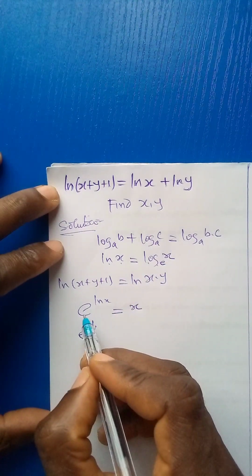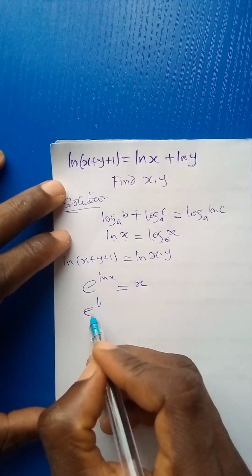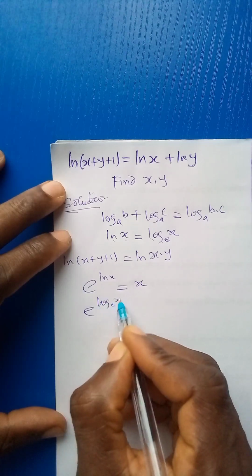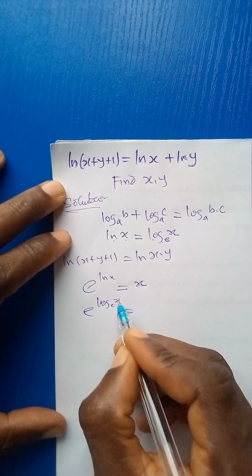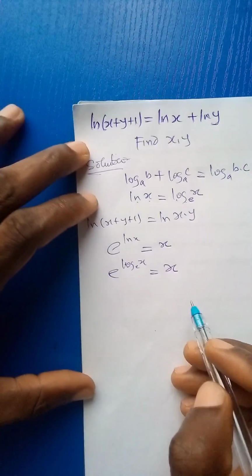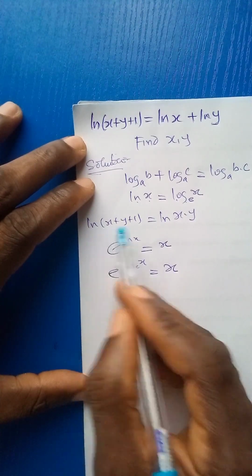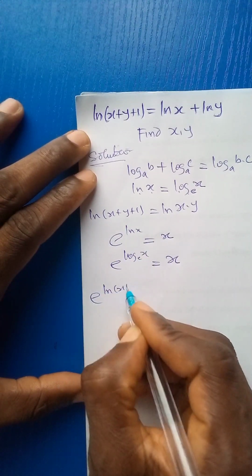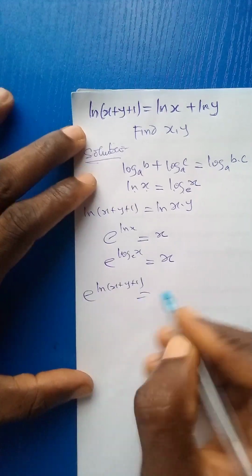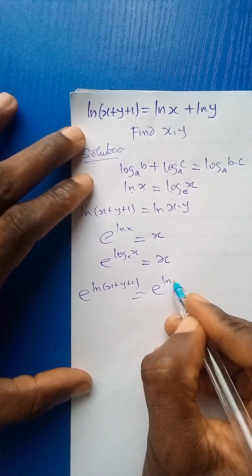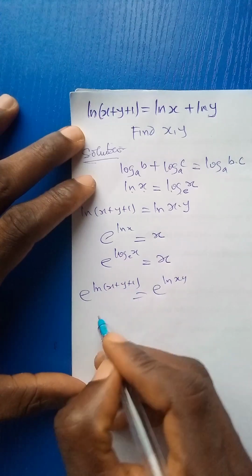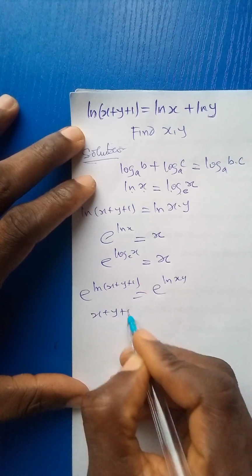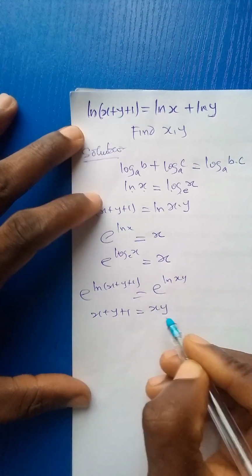So e to power ln x is the same thing as e to power log to base e of x, and that means that the result is just x. So I'll raise this as the powers of e. e to power ln(x + y + 1) is equal to e to power ln(xy). Now x + y + 1 = xy.